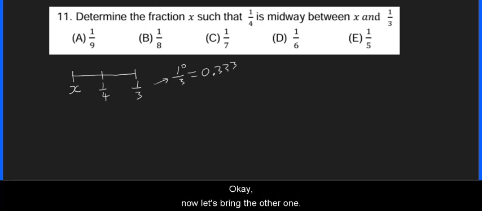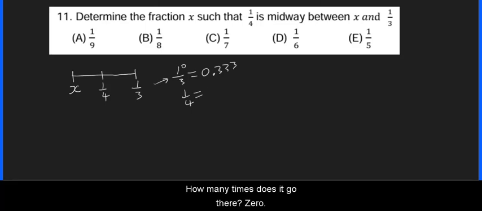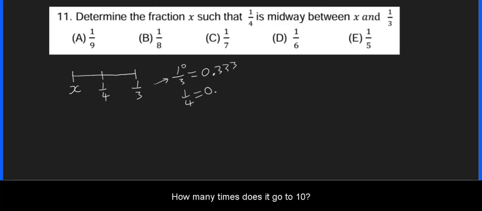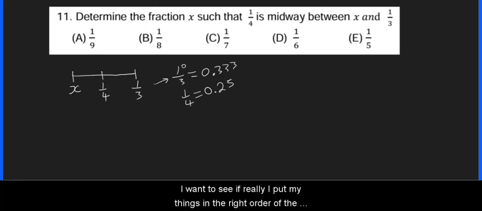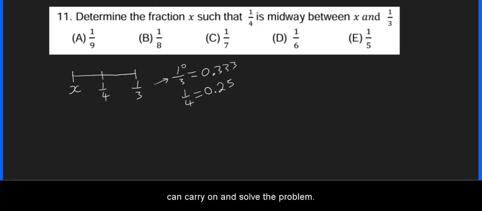Now let's bring the other one. How many times does it go there? 0. How many times does it go to 10? 2 times. Okay, so why am I doing this? I want to see if really I put my things in the right order of the number line, so I can carry on and solve the problem.